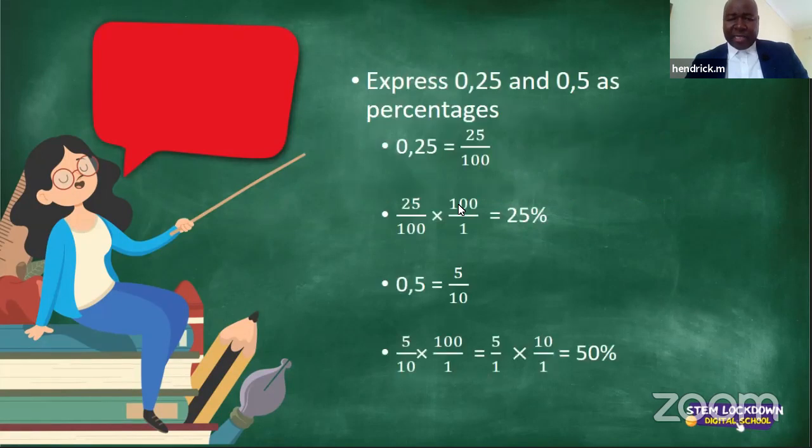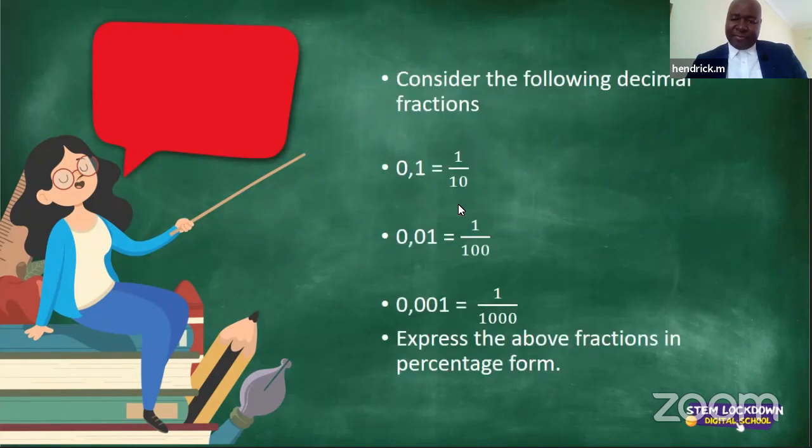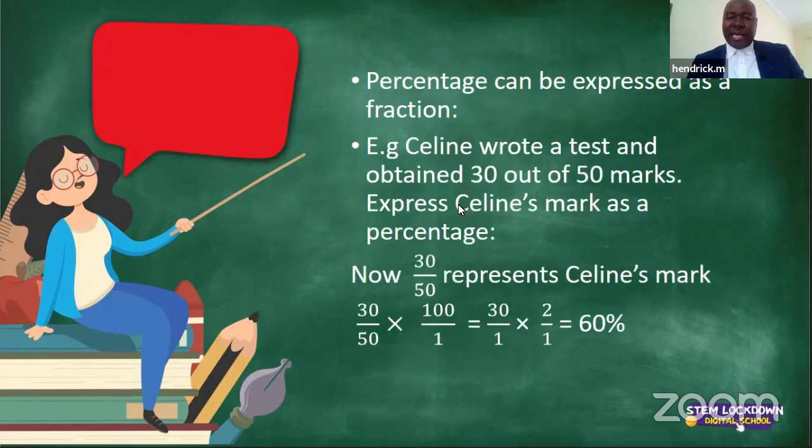Before I get to this part, let me take you back further. When I started, I spoke about Celine. I said that Celine wrote the test and obtained 30 out of 50 marks, and that you must express this common fraction in percentage form. How do you express a fraction in percentage form?